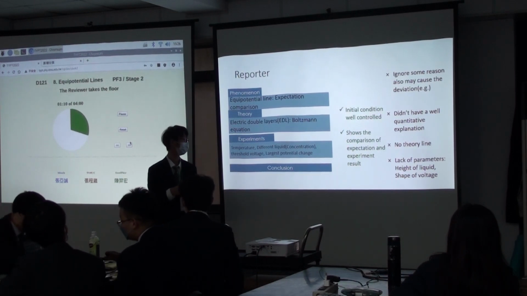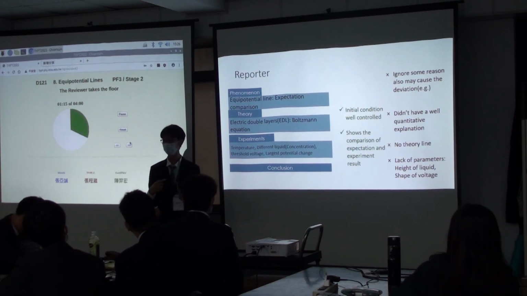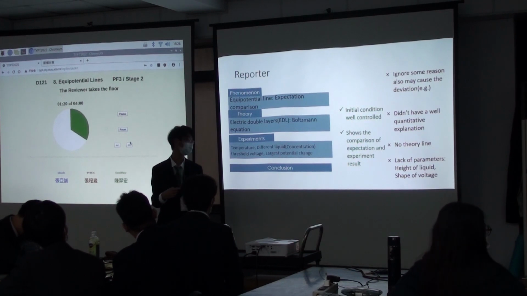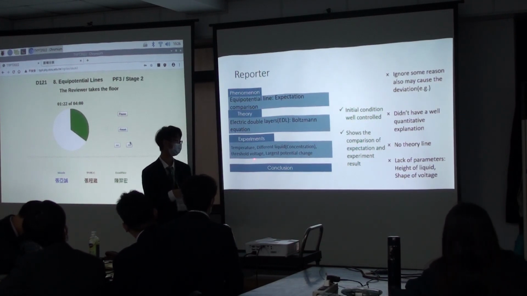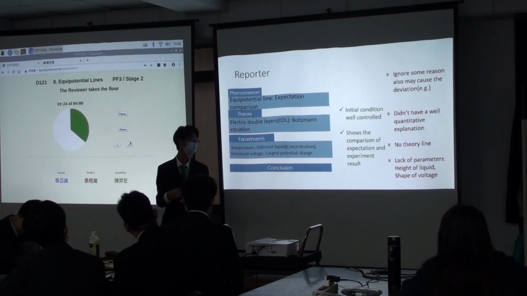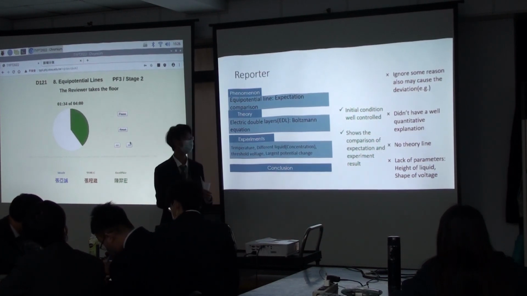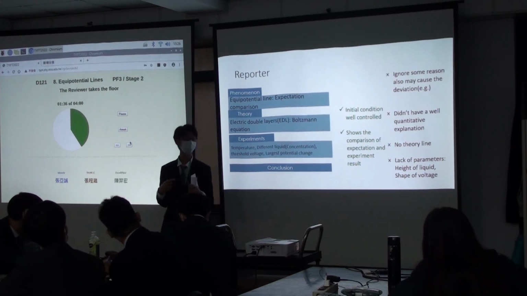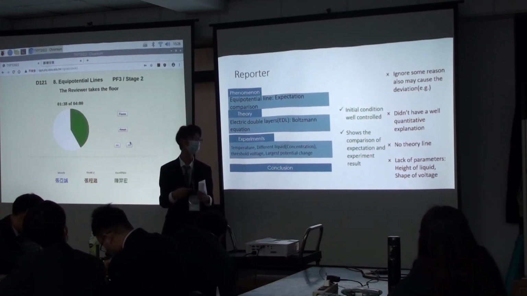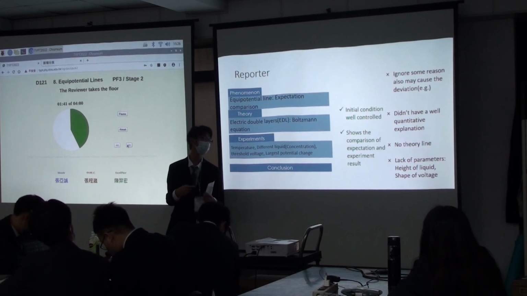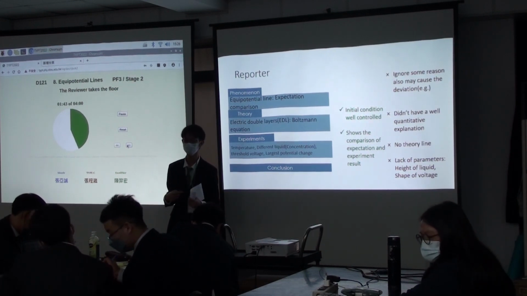And also for the experiment part, the reporter changed many parameters, like the temperature of the liquid, he changed different liquids, he changed the voltage, and also he changed the potential. And what the reporter did well is he controlled the initial condition, and he shows a comparison of the simulation and the experiment result.